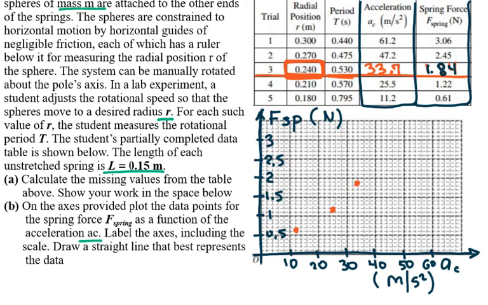And then at 47, I have 245, so it will be somewhere here. And at 61, I have 306, so 3.6, somewhere here. So it looks like the line is going to look something like this.